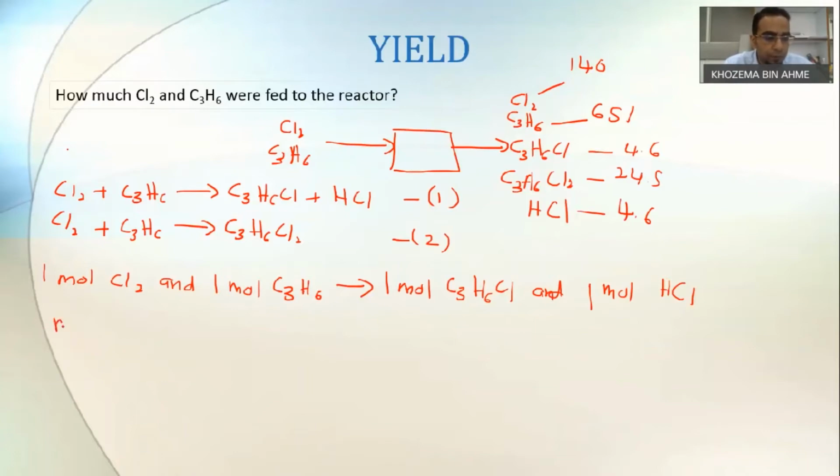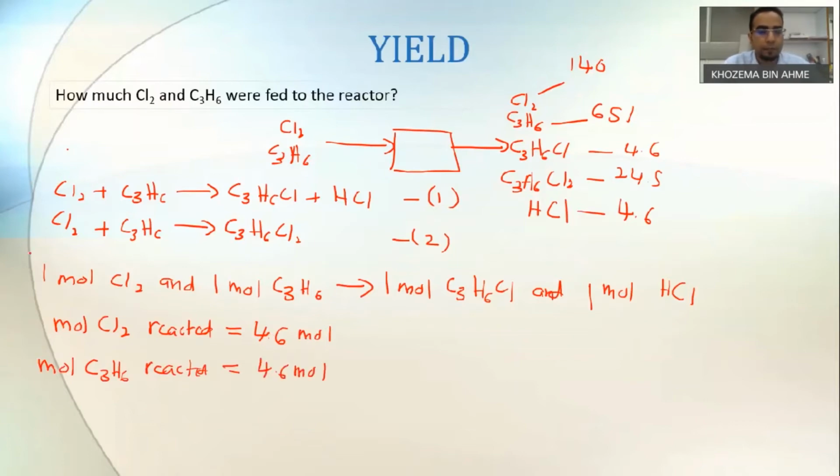So I can write here mole of chlorine reacted is equal to 4.6 mole. The same goes for mole of propane reacted, is equal to 4.6 as well. Okay, this is for reaction 1.